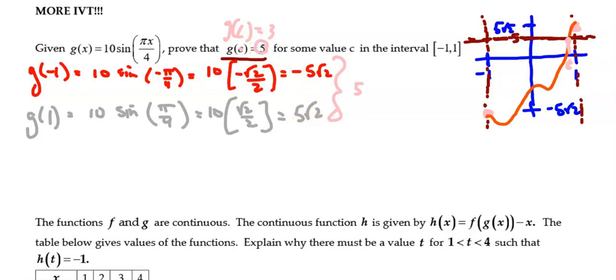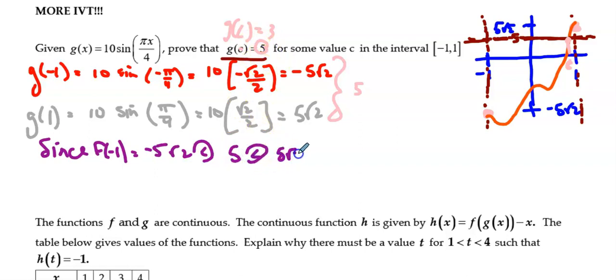So that's why when we started talking about how to write things out, like when I started writing stuff out for you guys, I said, since, right, our first step, since f of -1 is equal to -5 square root of 2, and that's less than 5, which is the value we have here, which is less than 5 square root of 2, right? And we can also say that g of x is continuous. We have to say that, okay? Because we could easily have a jump here.